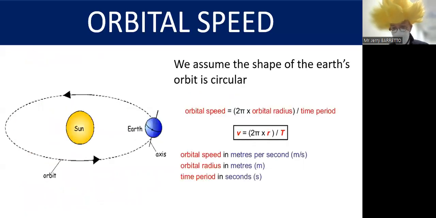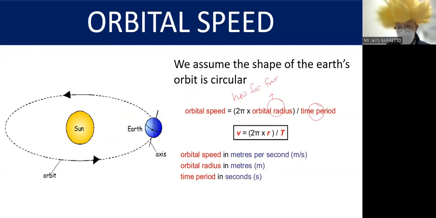Now we're going to assume that the orbits of the planets, including the Earth, are circular, and in order to calculate the orbital speed, we basically need to know two things. Thing number one is the orbital radius, and thing number two is the time period, right? The orbital radius is how far the planet is from the sun.